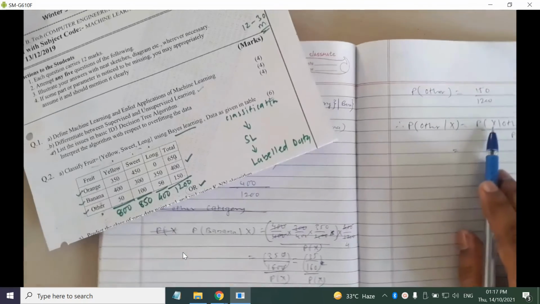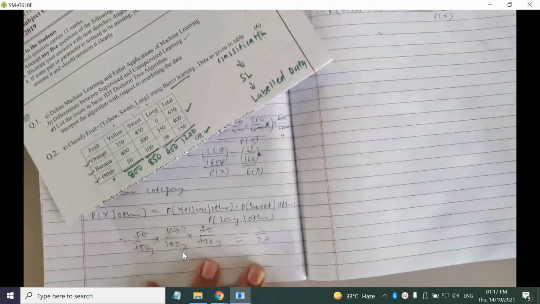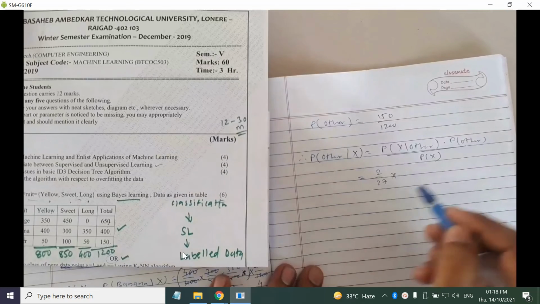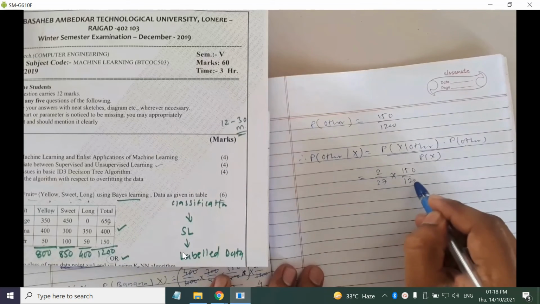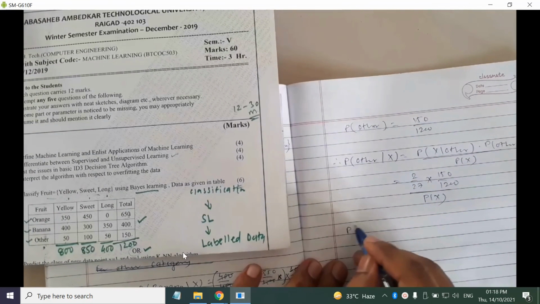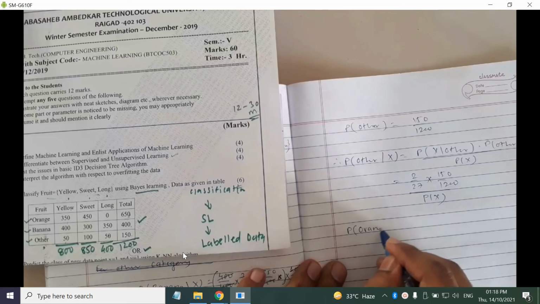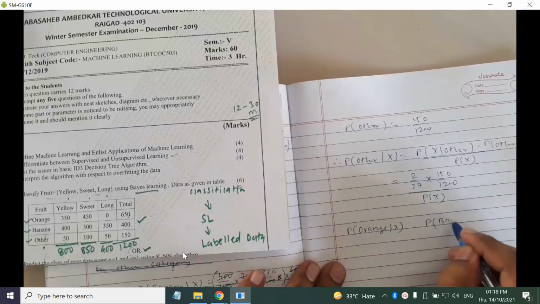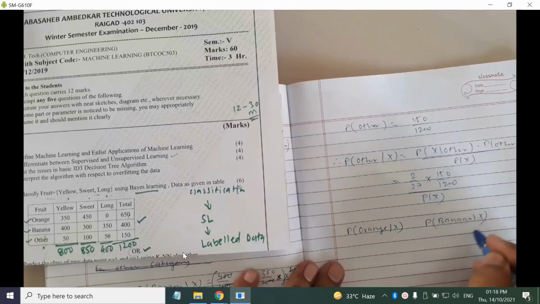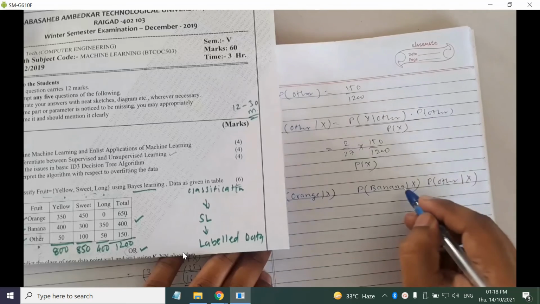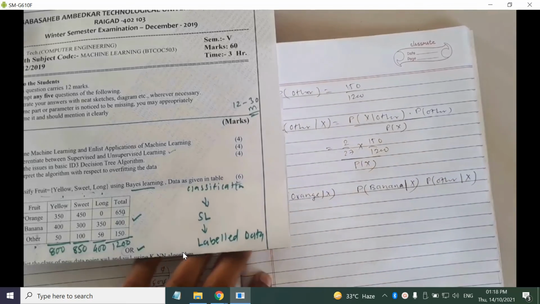The value of this is 2 by 27, so 2 by 27 into this probability of other. Now we have probability of orange given x, probability of banana given x, and probability of other given x. Now we have the probability of all the classes.